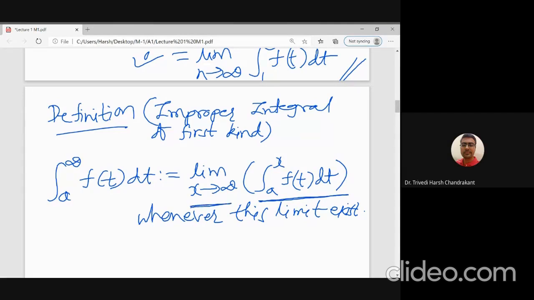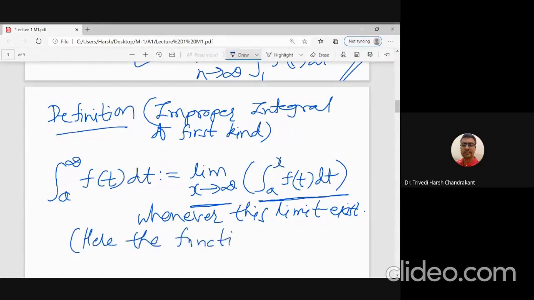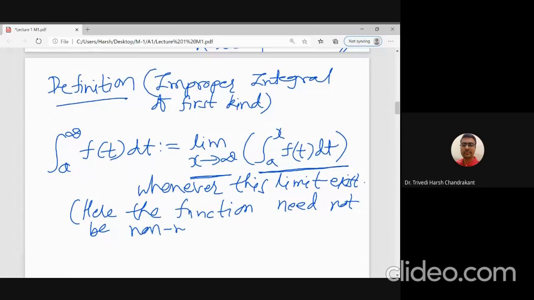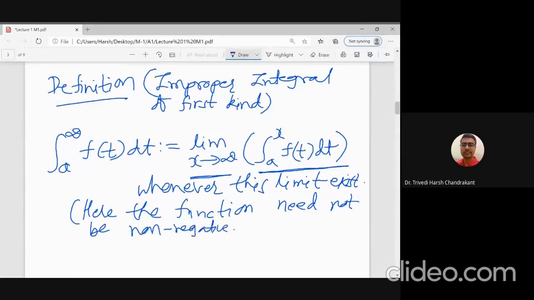Then if this limit exists, that means it is a real number, then we say that the integral a to infinity is convergent. So the first thing to note here is that the function need not be non-negative, right?